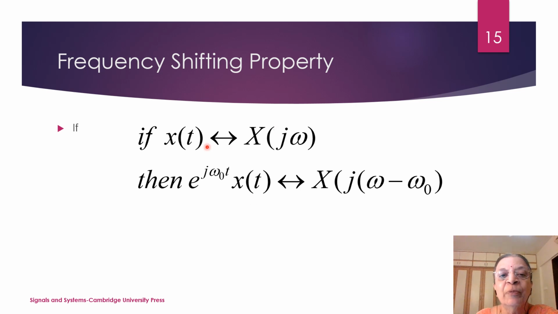Frequency shifting property. If x of t transforms to x of j omega, then multiplying by e raised to j omega 0 t in the time domain means we are shifting in the frequency domain to omega minus omega 0. That means the corresponding phase angle changes for x of t when the frequency shift occurs in the Fourier domain.